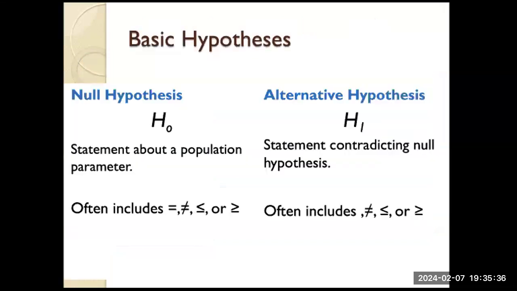Okay. So when we start getting into this, you're going to hear the terms null hypothesis and alternative hypothesis. The null hypothesis is our conservative approach: we believe that nothing will happen, that the control group is going to be the same as the experimental group. In other words, changing the independent variable will not have an effect.